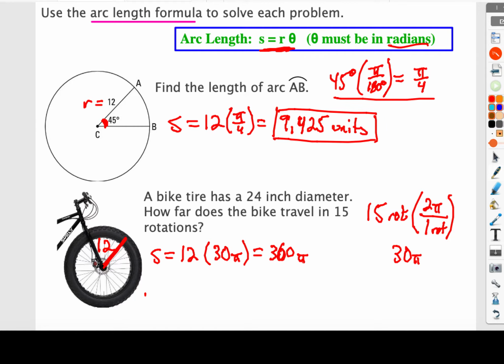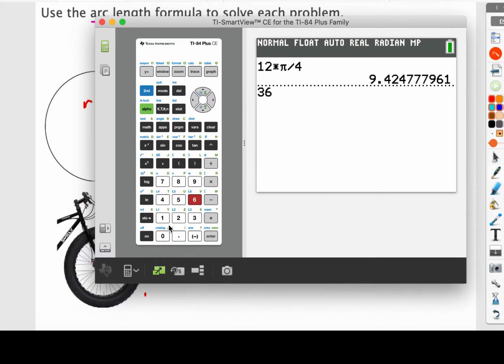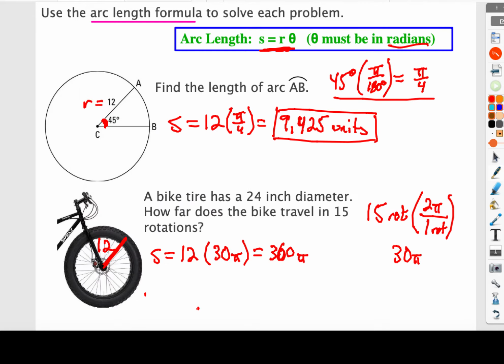And since we're talking real world, let's go ahead and find that number. 360 times pi. And we've got 1130.973.